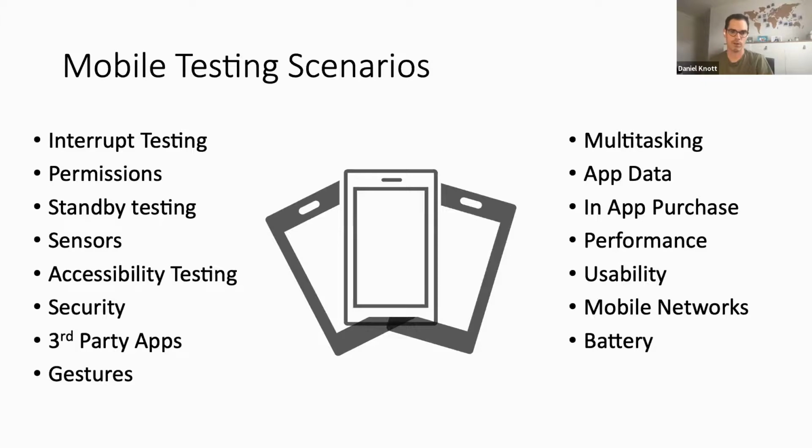Battery consumption, I already mentioned in the standby testing scenario. Battery is really interesting, especially if you are rendering lots of UI elements and components. Keep an eye on it. There are tools that come with Xcode and Android Studio to see the battery consumption.